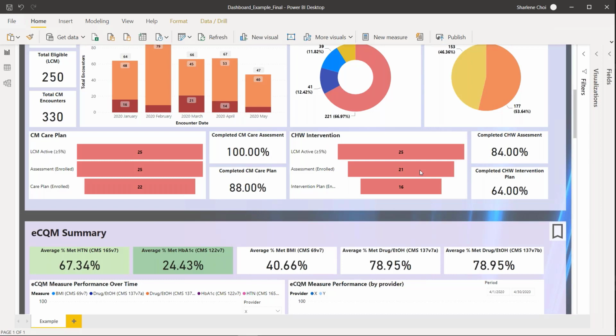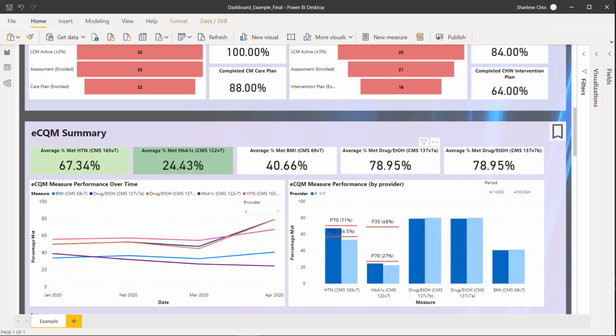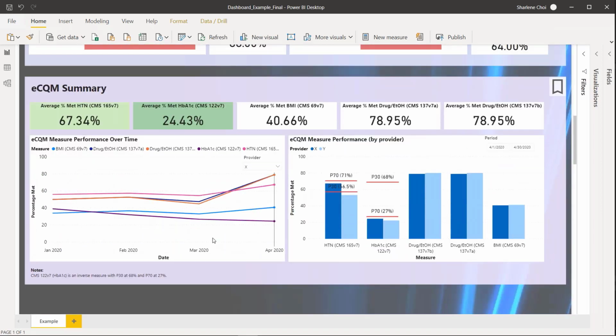The last segment of this dashboard is the ECQM segment. The data source used for this segment is clinical data from your EMR. First, you need to define your ECQM measure, and these measures can be found in the MDPCP reporting guide on Connect, for example.